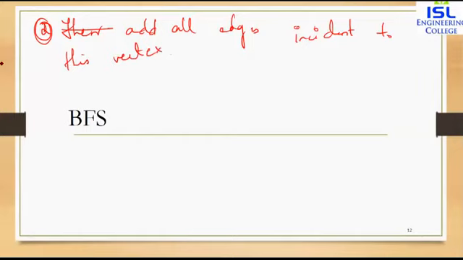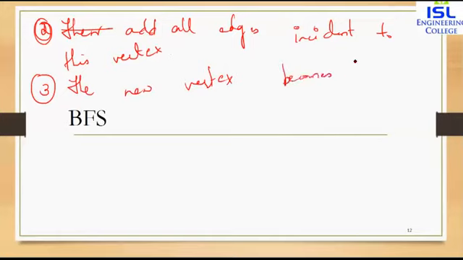The new vertices added at this stage become the vertices at level 1 in the spanning tree. So the new vertices that you have added in this step become level 1 in the spanning tree, and then arbitrarily order these vertices.